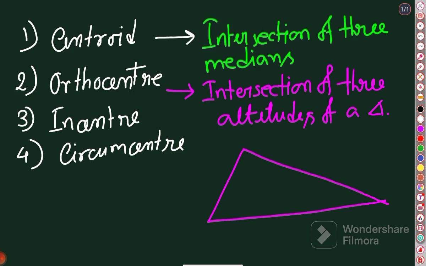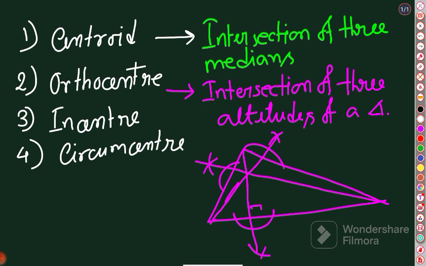From this point you draw a perpendicular, and from the other points you draw others. This angle is 90 degrees. This perpendicular height corresponds to the three bases, so you will get three different altitudes. Area will be half into base into height.